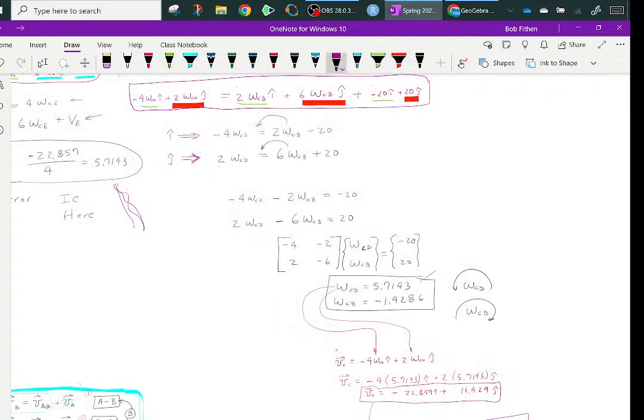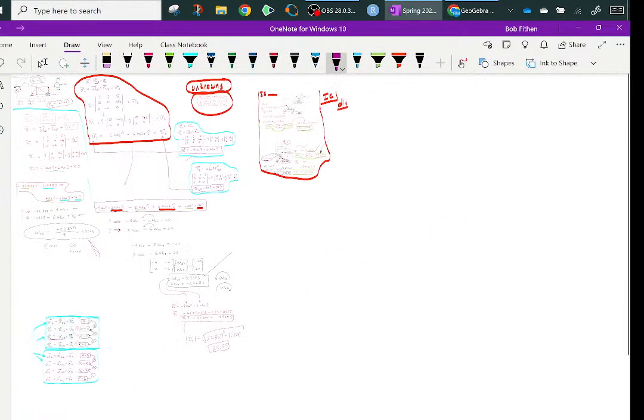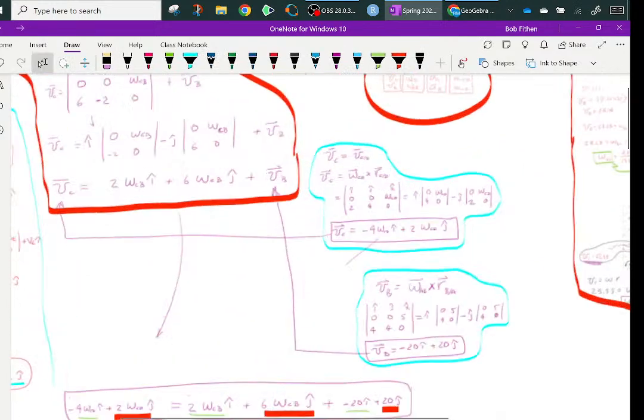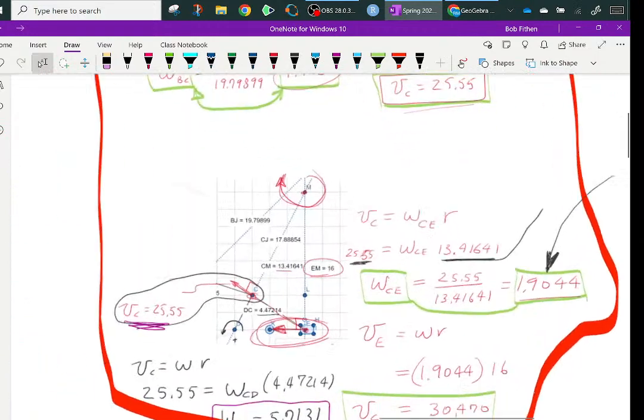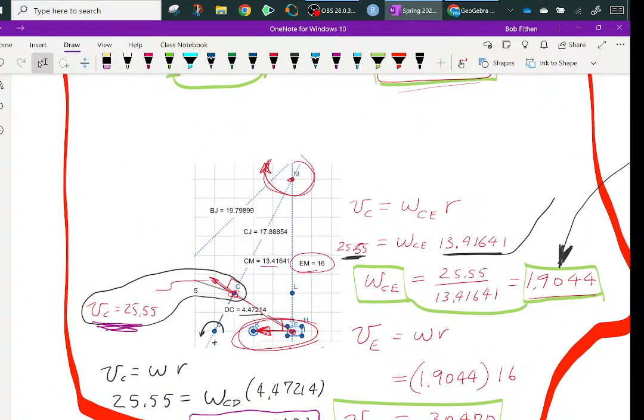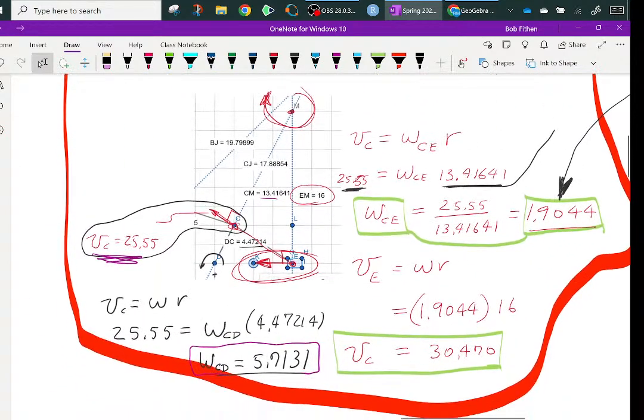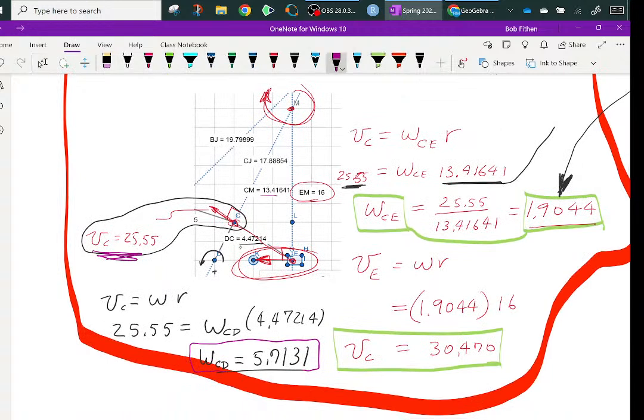There's your 5.71. Omega CB, we checked that one out. Okay, so we've got to check on that one. I'm pretty sure that looks correct.